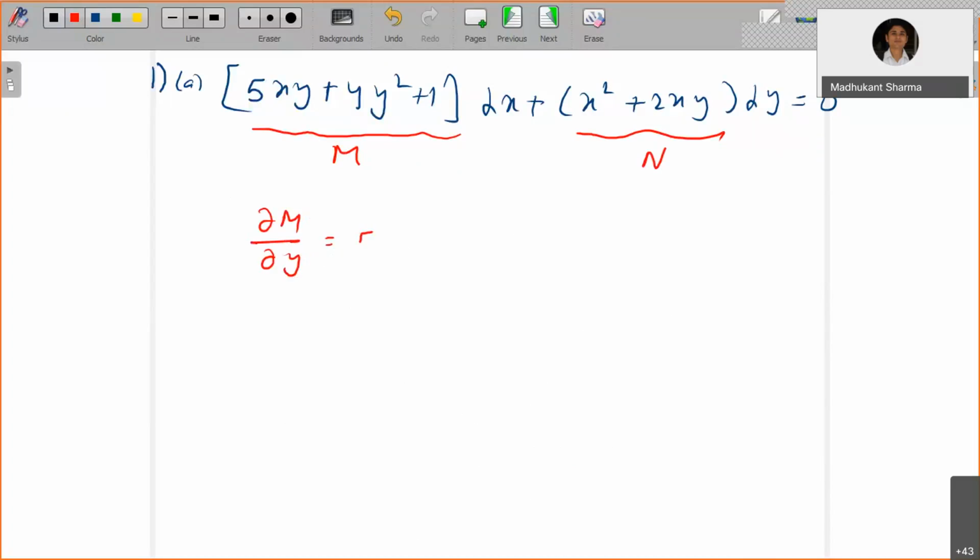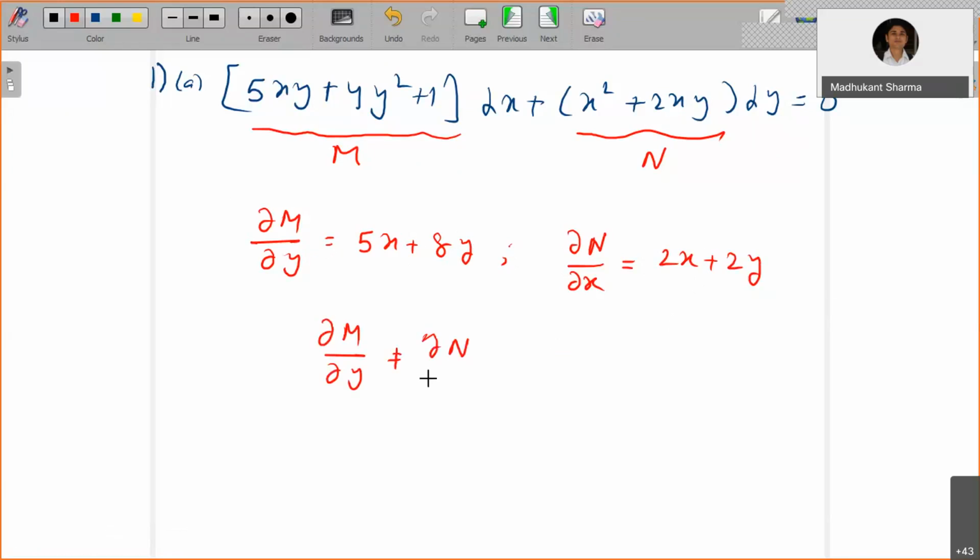It is 5x plus 8y. I hope you are good enough to take these partial derivatives. Dou N by dou x is 2x plus 2y. So it is very clear that dou M by dou y is not equal to dou N by dou x.